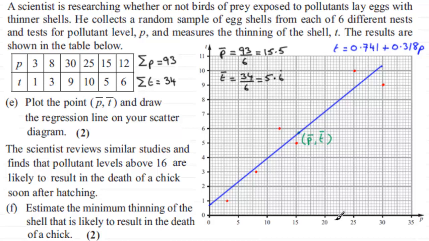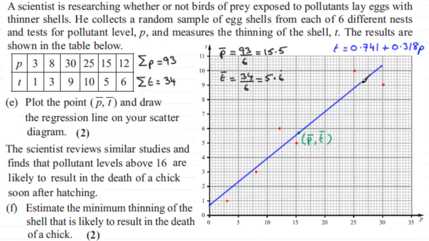I chose p to be equal to 30, and when I substituted it in, I plotted the point that we got, the value of t, which turned out to be 10.281. So that's that point up there.